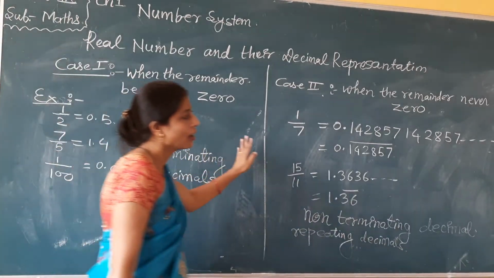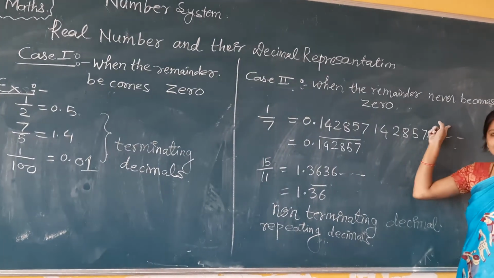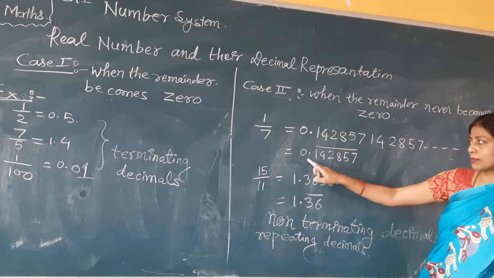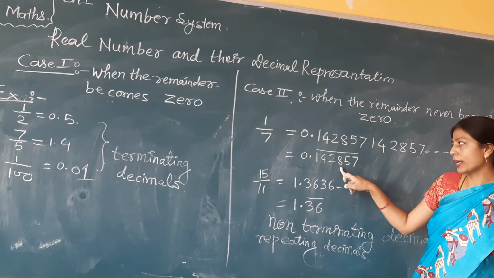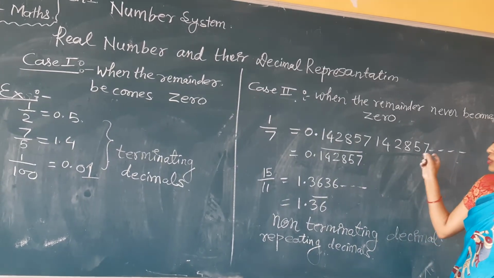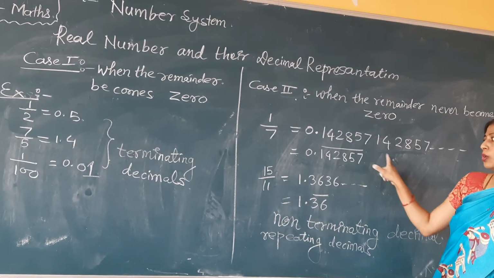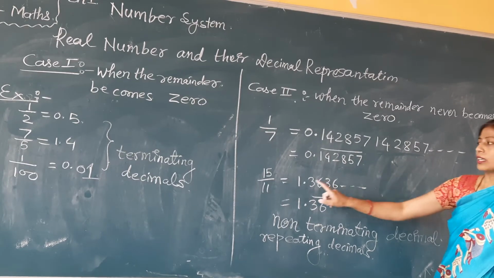Second case, when the remainder never becomes 0. In this case, when we divide 1 by 7, we get the decimal representation 0.142857, and these numbers are repeated. So the remainder never gets 0 and these numbers are repeated.